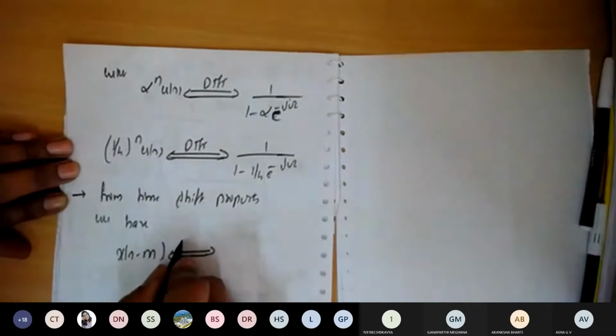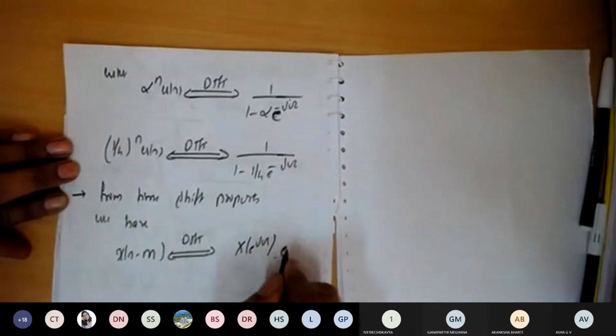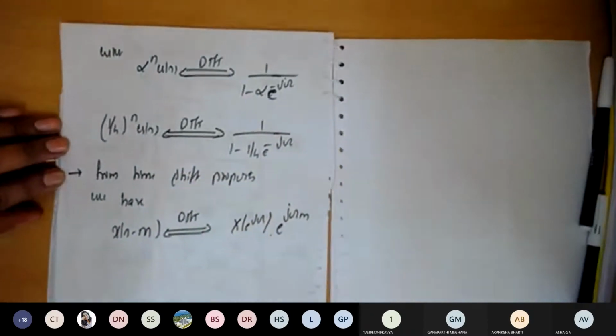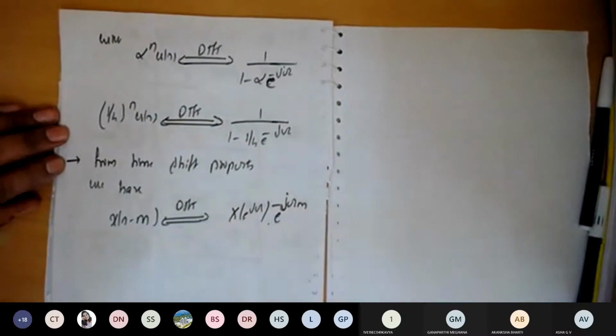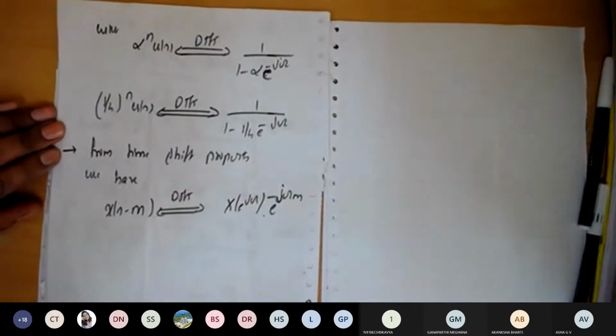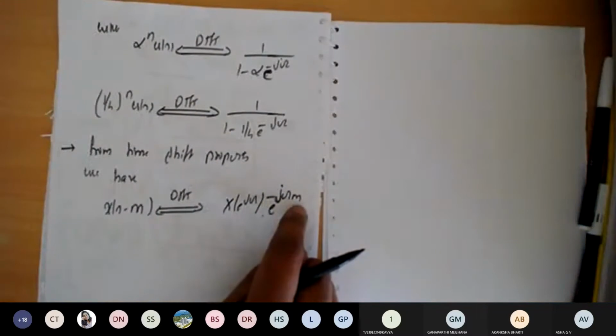If we take the DTFT, it will become equal to X of e to the power of j omega multiplied by e to the power of j omega into m. If it is minus here, we'll get e to the power of minus j omega into m. The property is correct now.